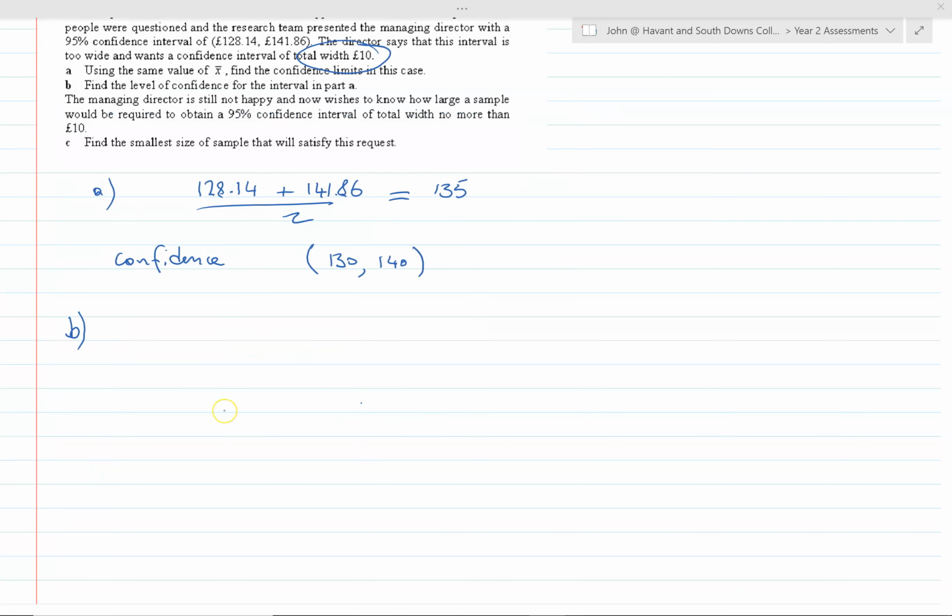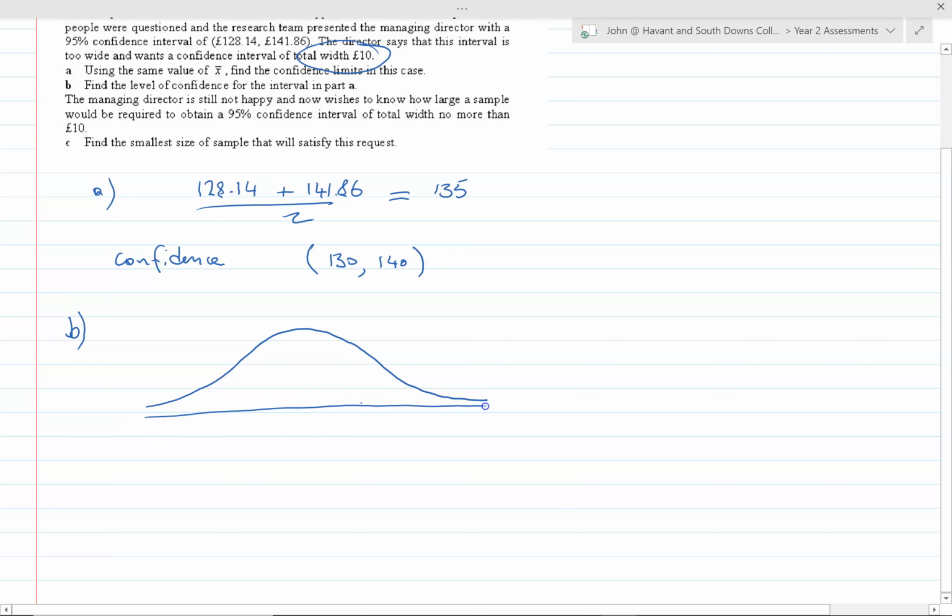Part B, basically, we've got to use the fact that we have been told that there's a 95% confidence interval between the two values here, 128.14 and 141.86, with the middle being 135, that this is a 95% confidence interval.